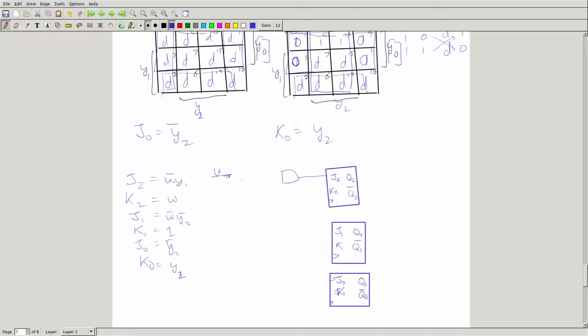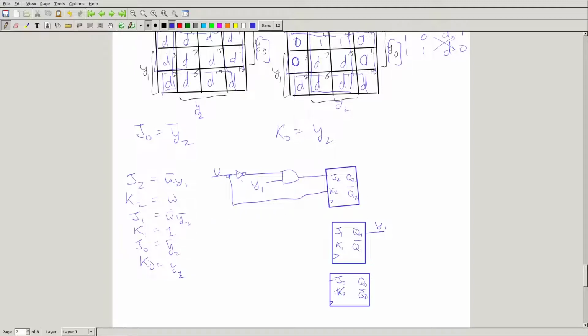For K2 we just give the W input. If we have W bar, and here we are given Y1, which will come from here.